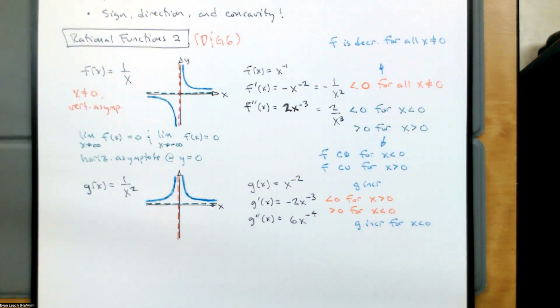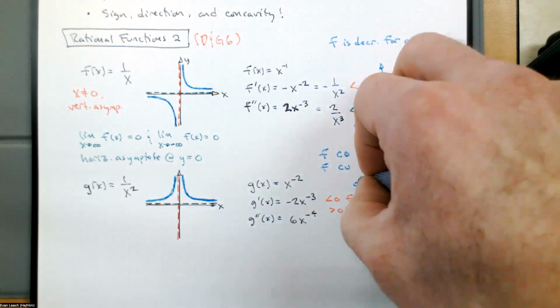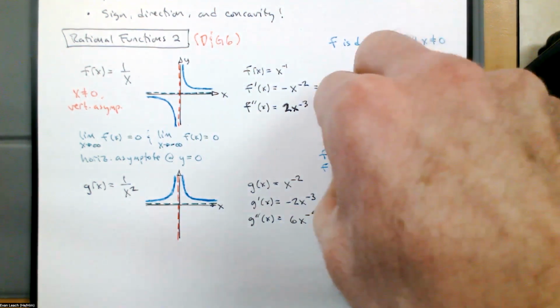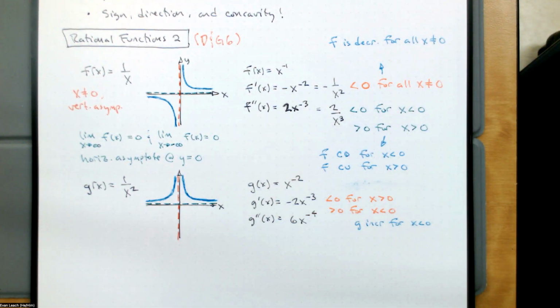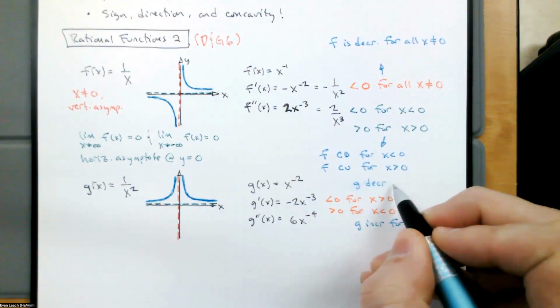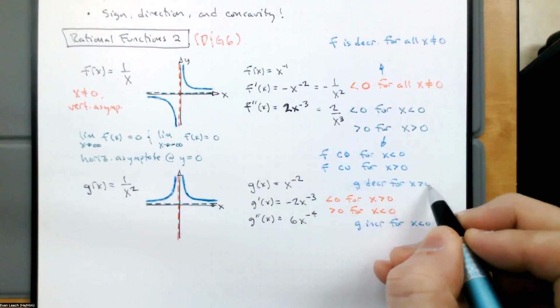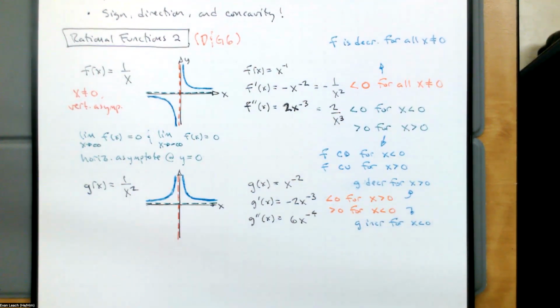So we see g is increasing for the negative x, and g is decreasing for the positive x. What we know about the sign of the derivative is reflected in what we see in the graph of the function.